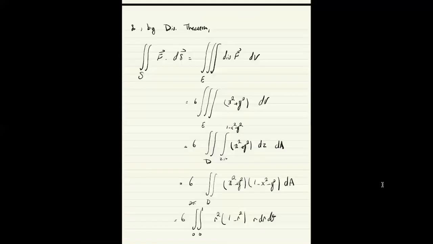Right? Make sure that it's supposed to give something positive because you integrate over a volume of something positive. So it's supposed to give something positive, which is okay. Right? So that's one type of computation.